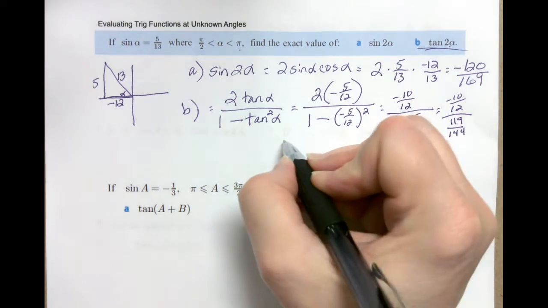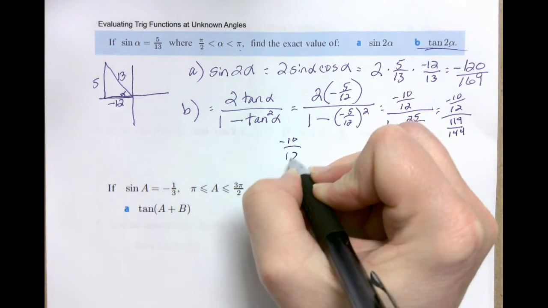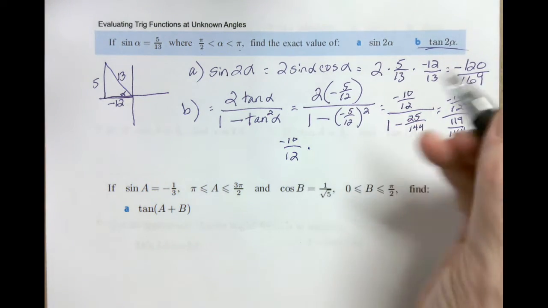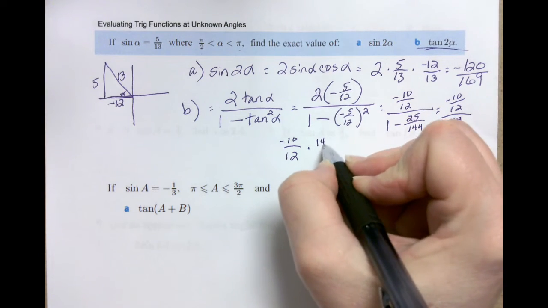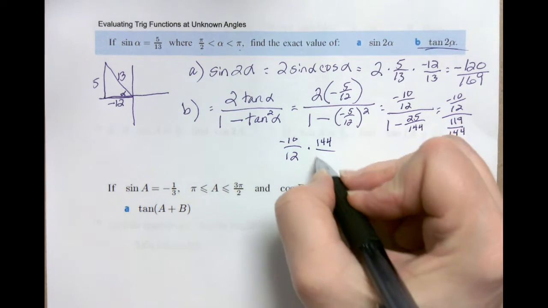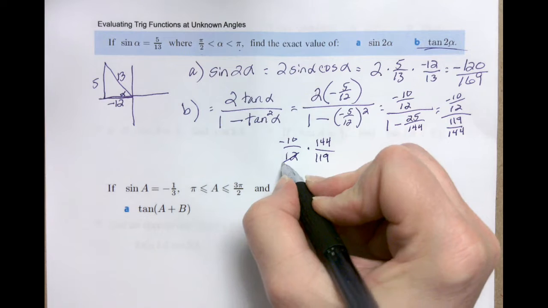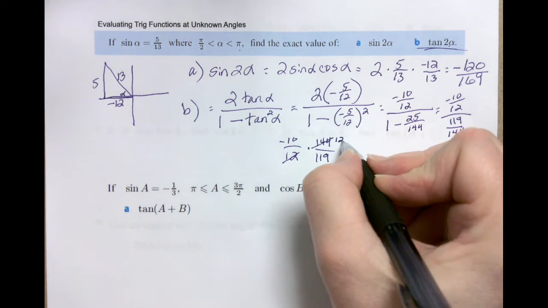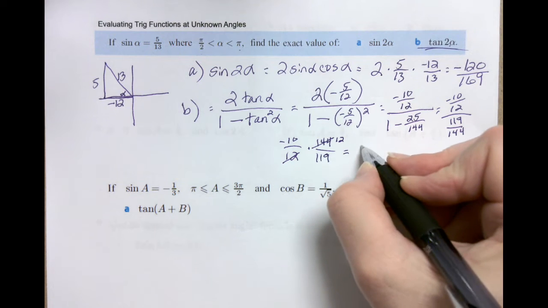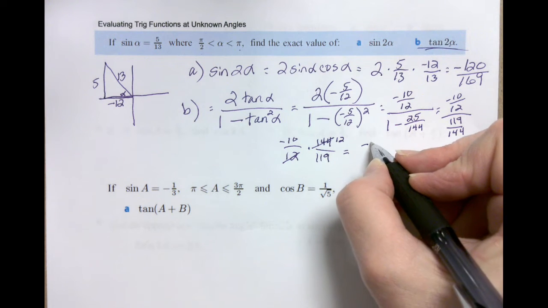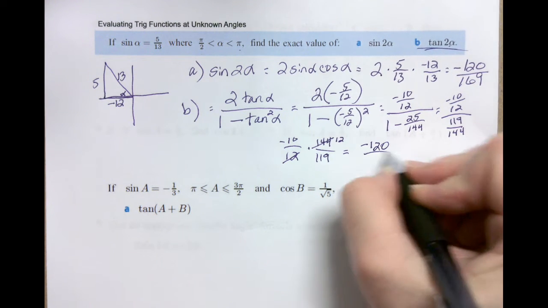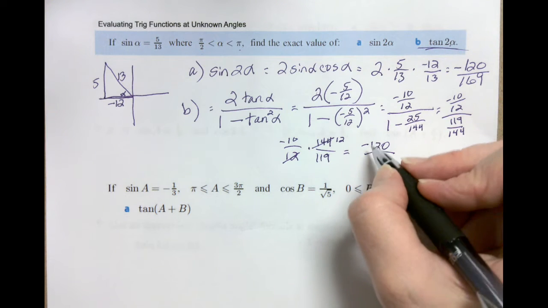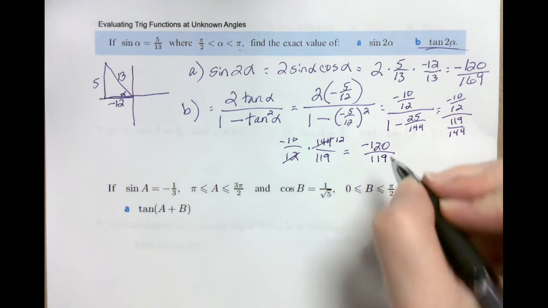Okay, so that's negative 10/12 times 144 over 119. 12 goes into 144 12 times. So negative 120 over 119. Is that right?